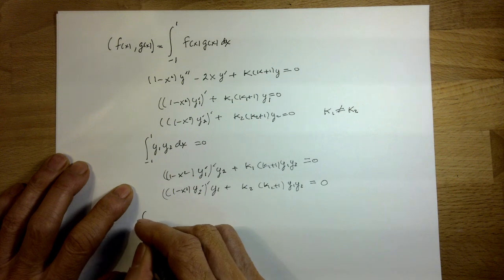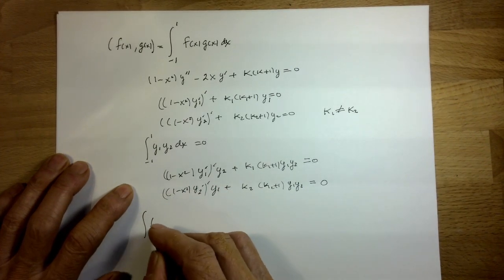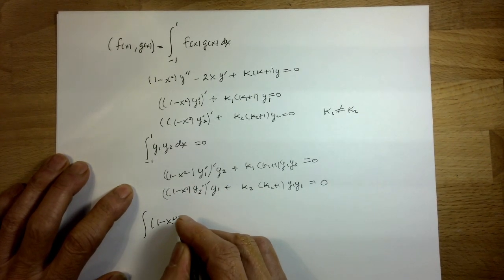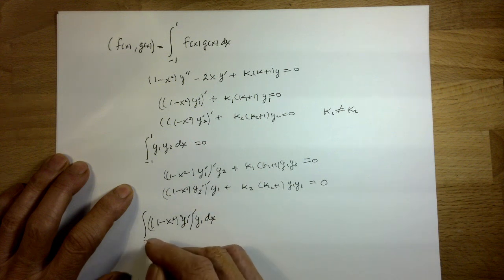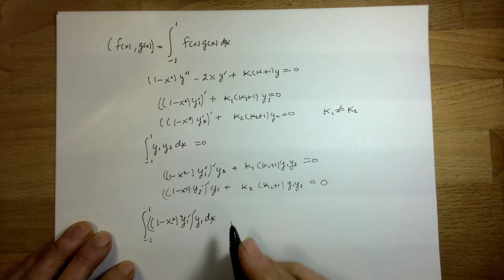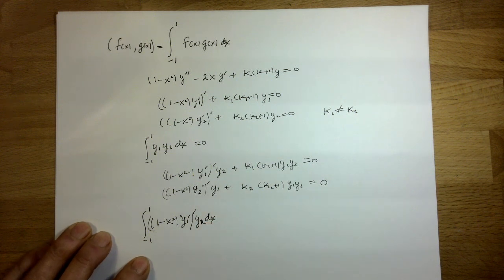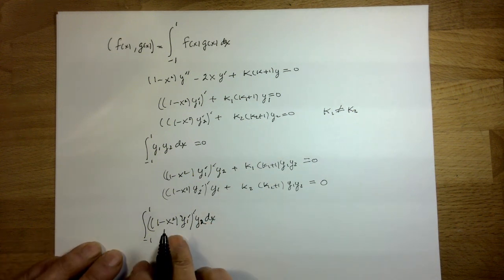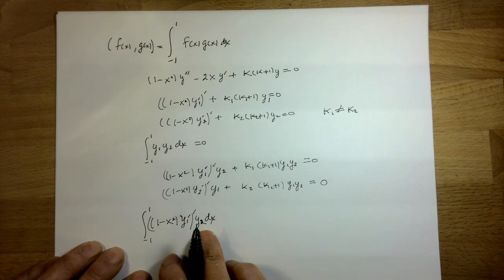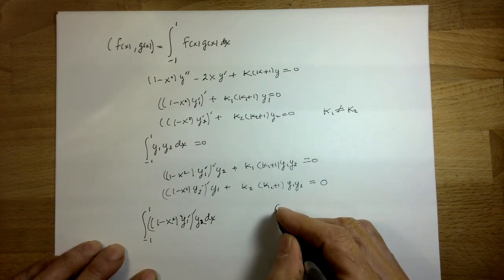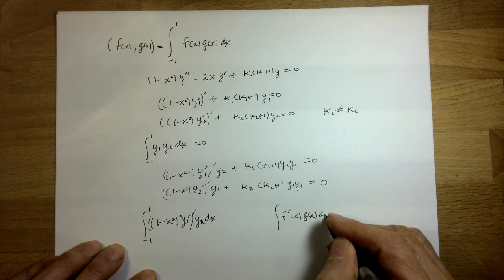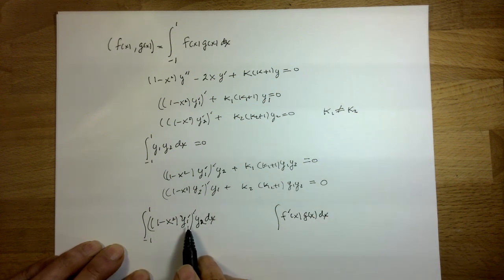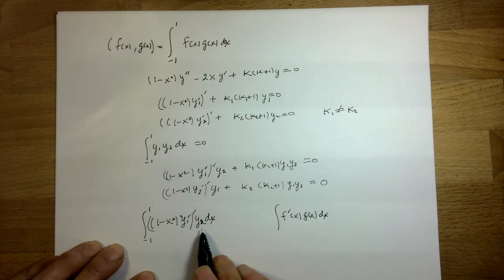What we're going to notice is the following. If we integrate that first term, it's of the form f prime of x times g of x dx, where f prime is (1 minus x squared) y1 prime, and g is y2.